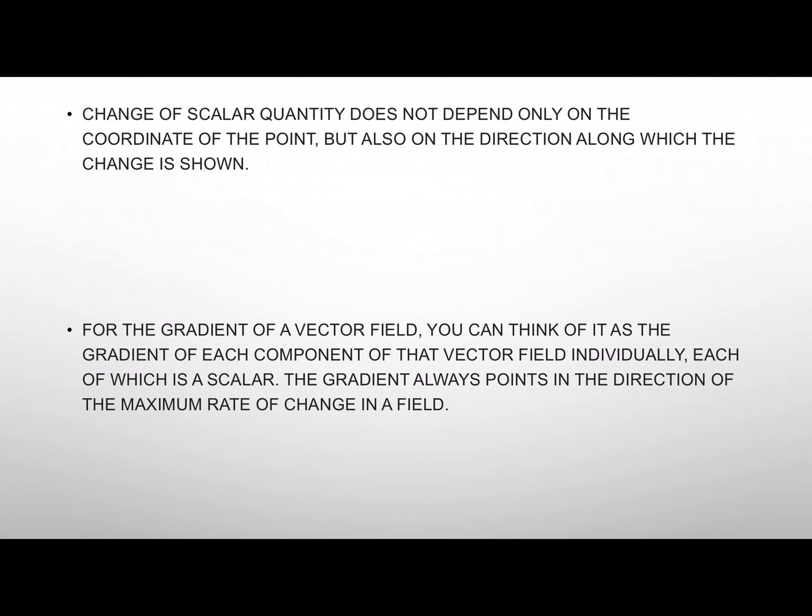So the direction is also most important. For the gradient of a vector field, you can think of it as the gradient of each component of that vector field individually, each of which is a scalar. The gradient always points in the direction of the maximum rate of change in a field. It is always pointing in that direction.